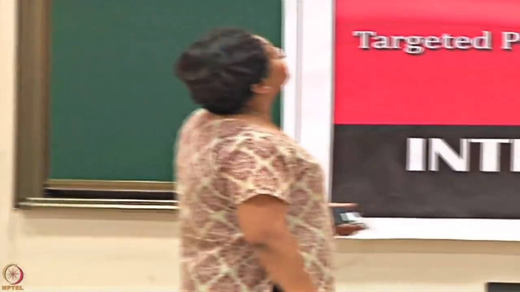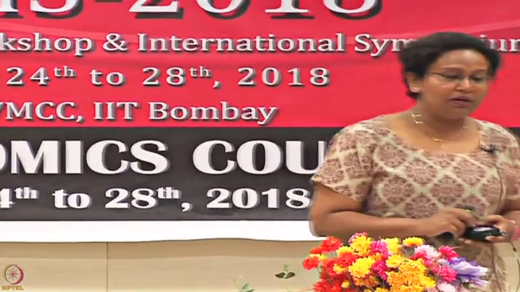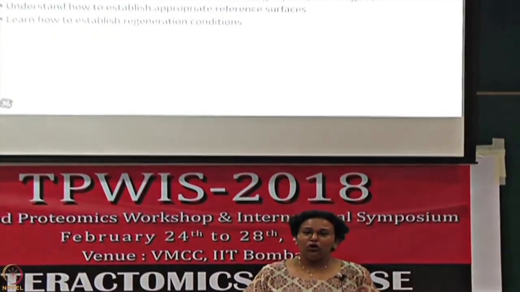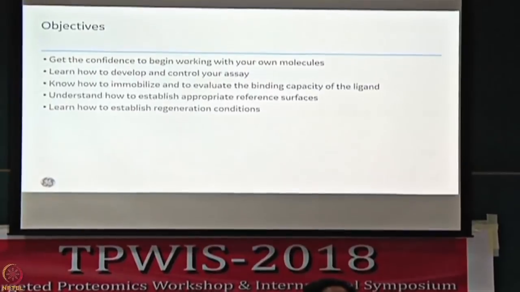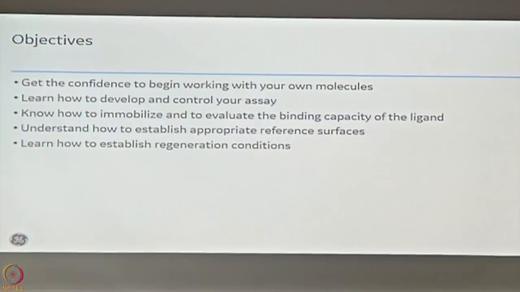So, coming to the objectives of the lecture. Like I said, we will talk about the assay development part, what you would do when you first would like to set up a BioCore assay, what are the optimizations that you would like to do, what the assay should look like, which one can be a ligand, what can be an analyte, what are the different reference surfaces that you can use, and very important also, we talked about regeneration.